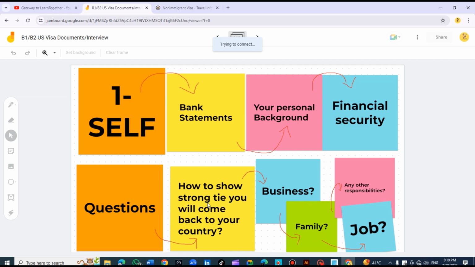Because I believe a trip of a few weeks, for example 3 weeks, is enough as a self-paid trip for tourism, leisure, or maybe meeting someone, or maybe some business, whatever purpose you have. So this is situation one, when you say I am self-paying my trip. This question is in the DS-160 form.